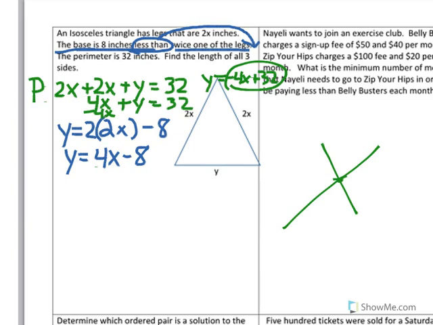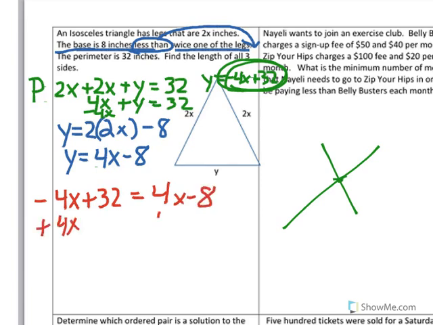But I'm just going to set them equal to each other because they both say y equals, so I'm going to take this and substitute it for y in the other equation. So here's what I'm going to do. Negative 4x plus 32 is equal to 4x minus 8. So I'm going to add 4x here.